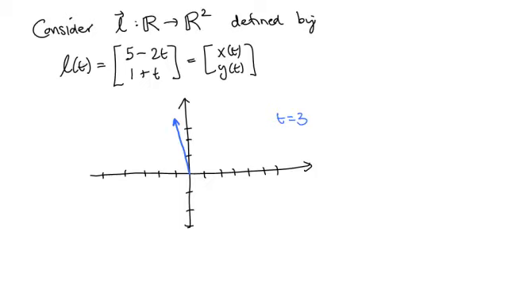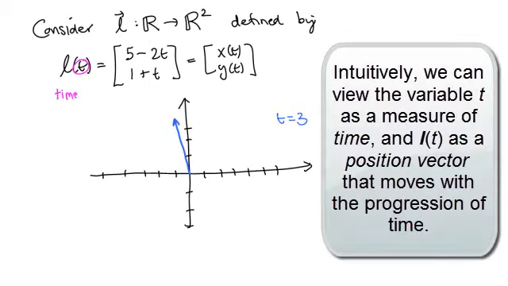In fact, that's one of the reasons why we select t as the letter for the input variable: intuitively, we think of a vector-valued function as a function of time. You give me an instant of time, and then the output will be a position vector, an arrow pointing at a specific point in the plane right here.